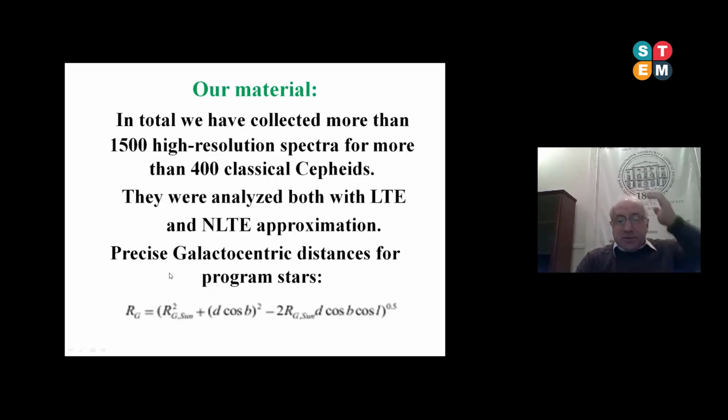So precise galactocentric distances for program stars can be calculated from this simple equation. Here, R is the galactocentric distance of the star, our sun is about 8 kiloparsecs from the center, d is the heliocentric distance from our sun, of course, b is galactic latitude, and l is galactic longitude.